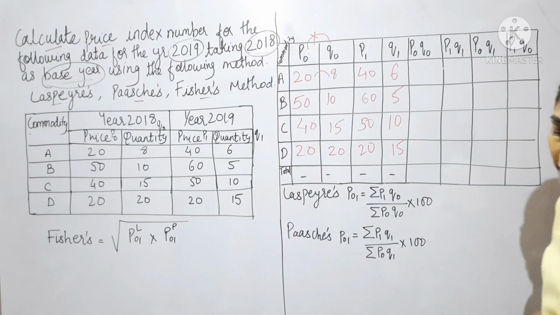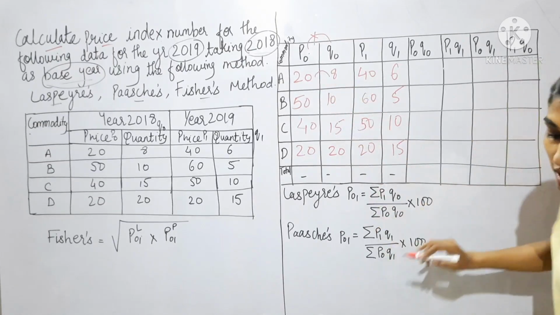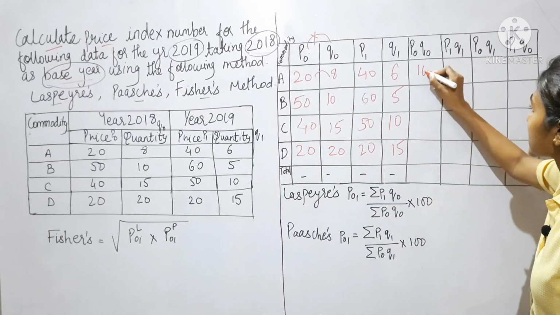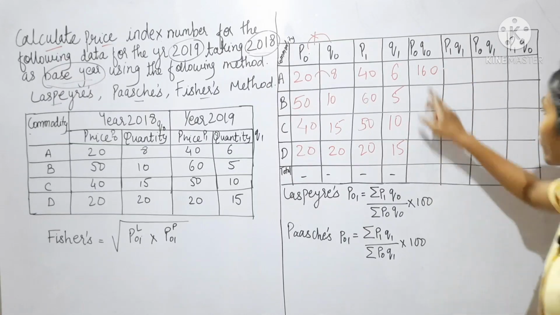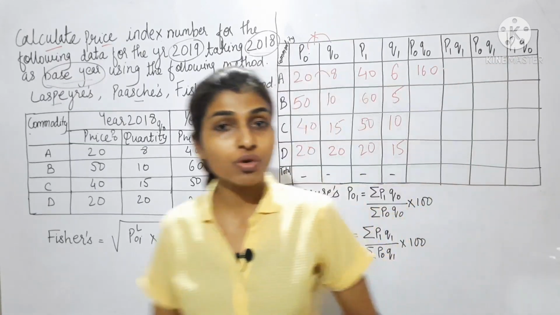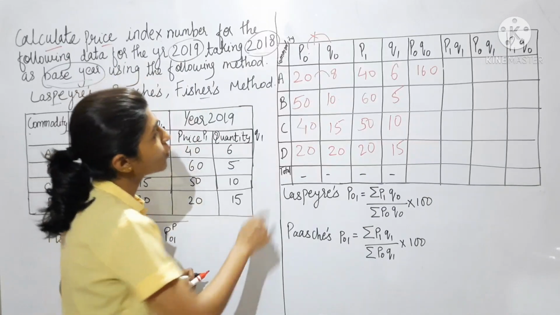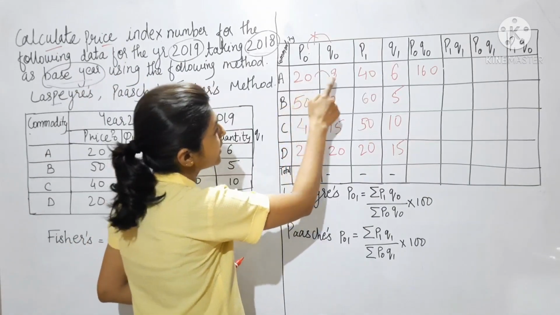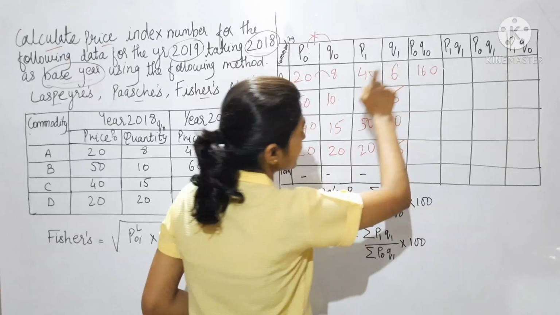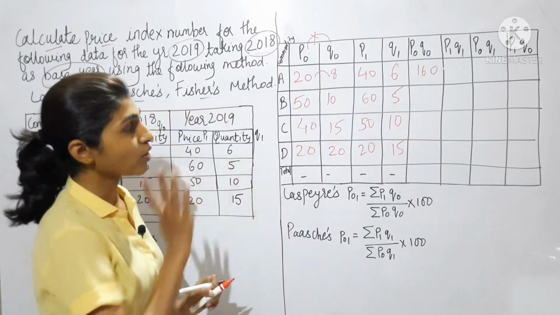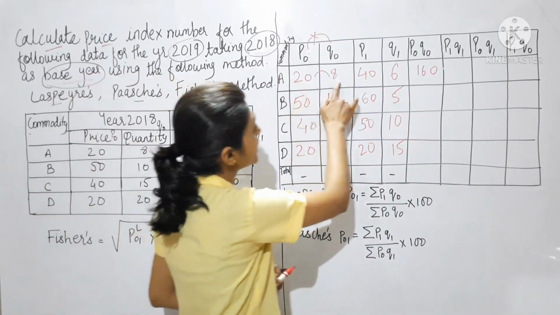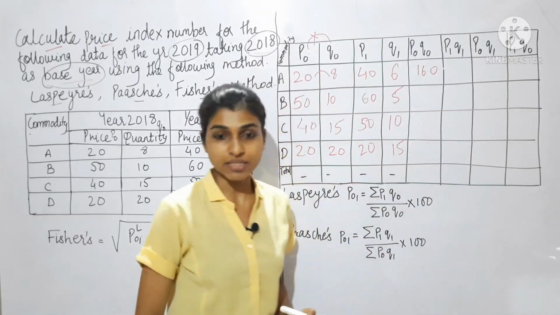What answer do you get? 20 multiplied by 8, you get 160. So to find P0 Q0, you have to multiply 20 into 8 and write the answer in the P0 Q0 column.